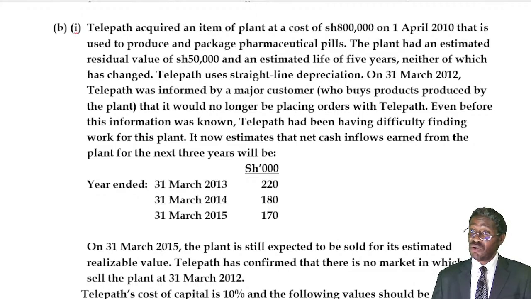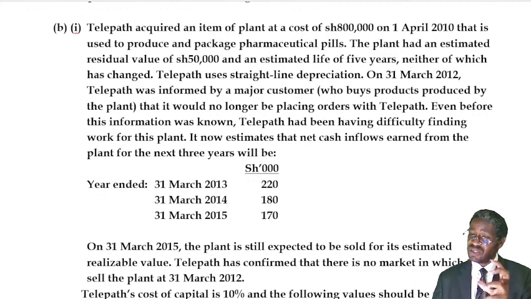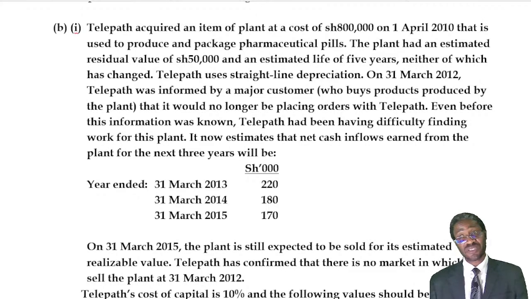This plant was bought when? On 1st April 2010. At that time when we bought it, it had an estimated useful life of how many years? 5. In 2012, we received information that makes us feel we need to test for impairment.